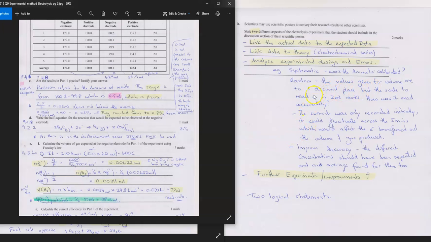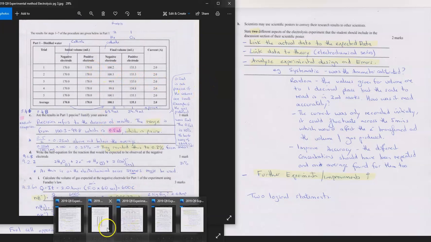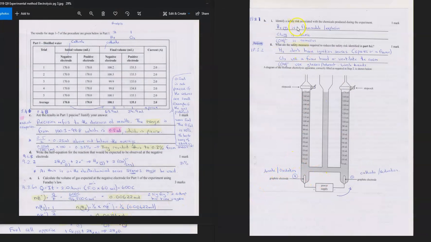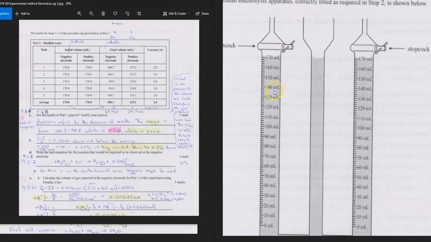The values for the volume are given here, which is weird. They're given to a decimal place. But when you look at this, you can't read that to a decimal place. Each of these is 2, 4, 6, 8, 10. Each of these is 2 mils, so half of that would be 1 mil.